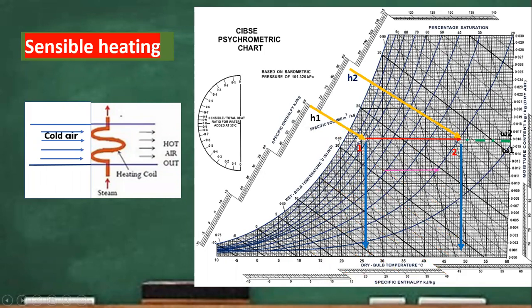You see the value of H1 is 65. What is the enthalpy at point 2? Approximately 87, 88 kilojoule per kg. So 65 is becoming 88. So there is an increase in enthalpy. This is the third important point you need to remember.